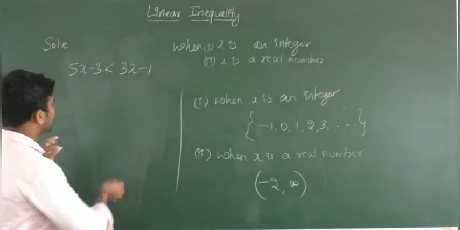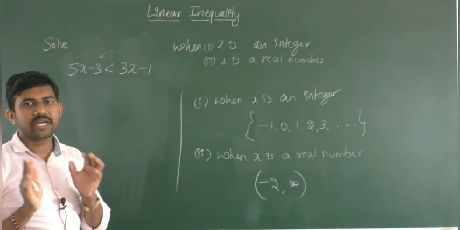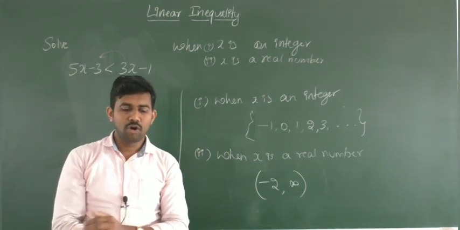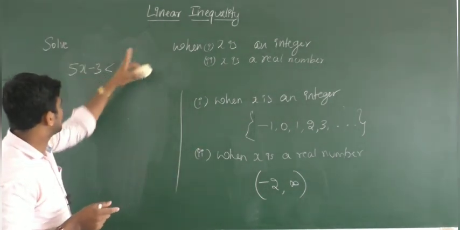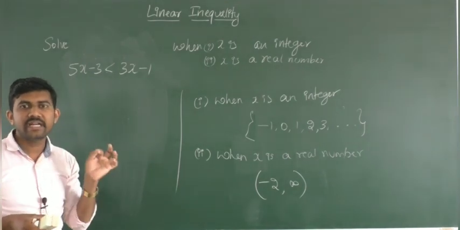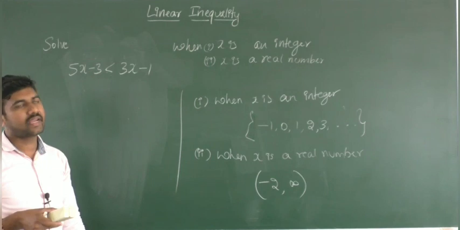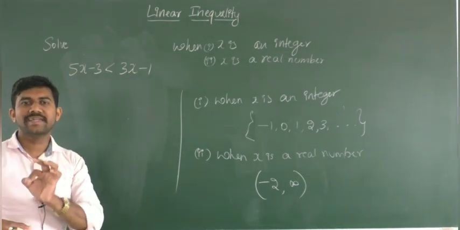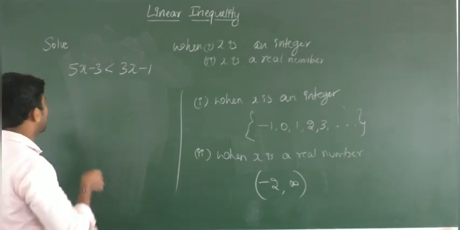Either you can do it by bringing the term containing x to one side and the constant to the other side, or else you can do it by using the rule of inequality. First we have to cancel this -3, so we have to add 3 on both sides. After that we have to remove 3x, so we have to subtract 3x on both sides.